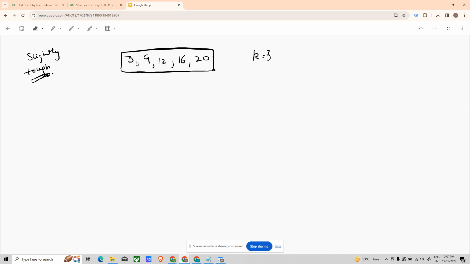These are the heights of the towers, and the answer here is maximum minus minimum.